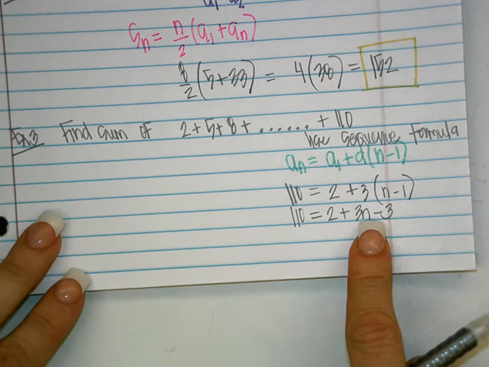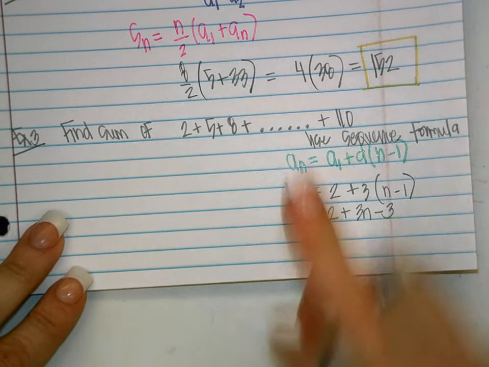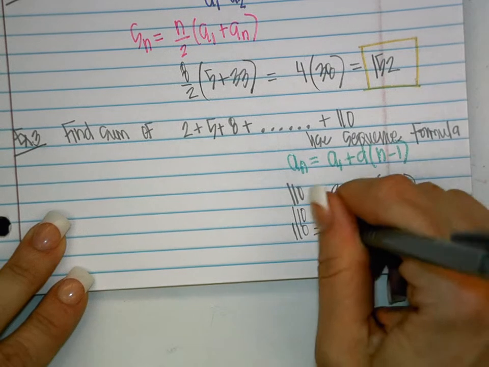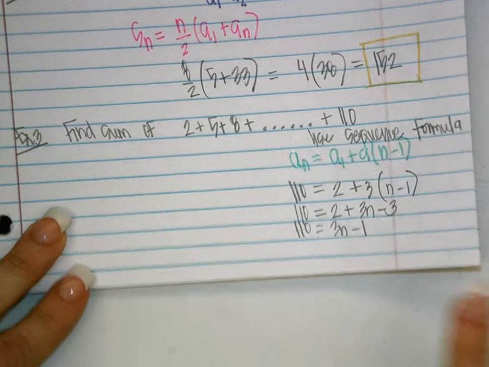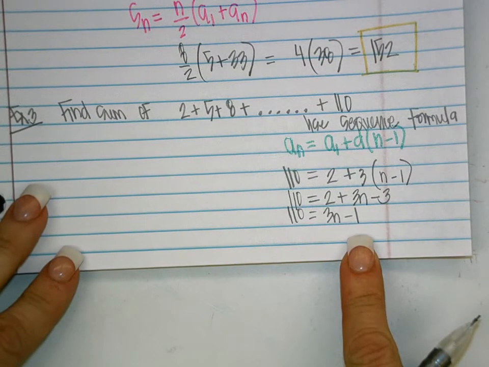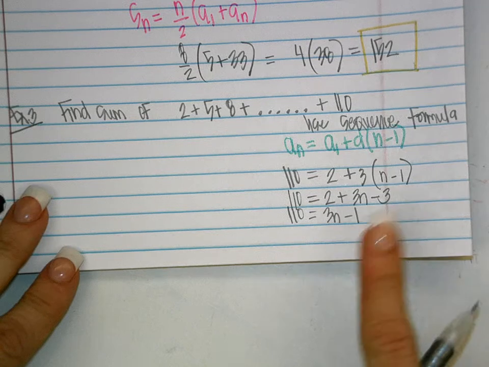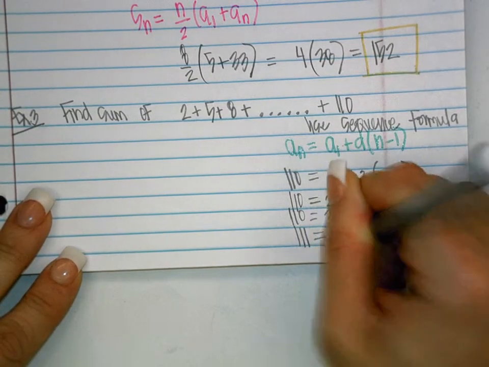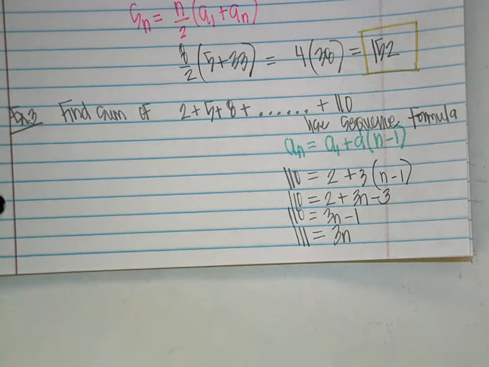So that would give you 110 equals 3n minus 1. What would you do then? Add the 1 to the other side, so 111 equals 3n. Can you get n and solve for what term number that is? 111 divided by 3 gives you what?